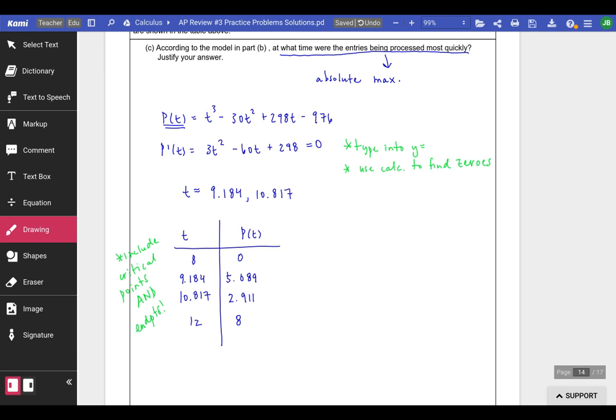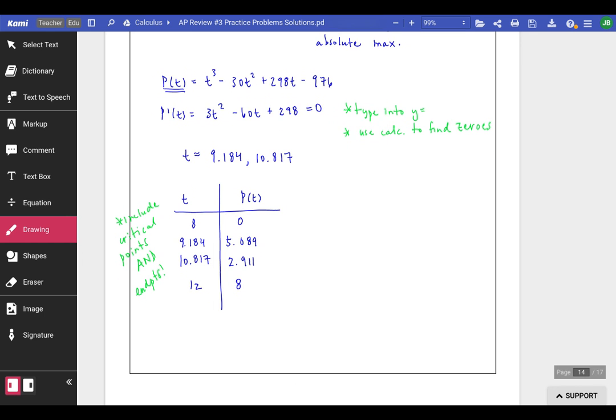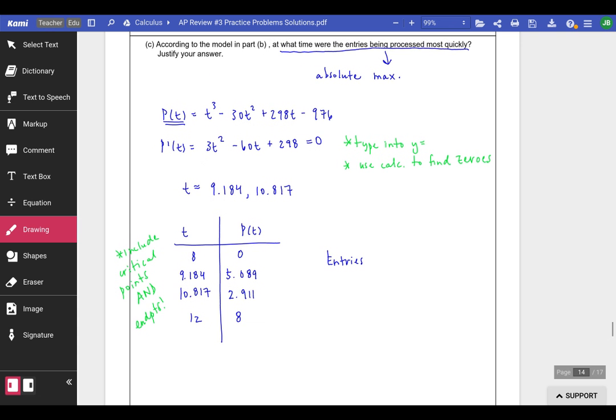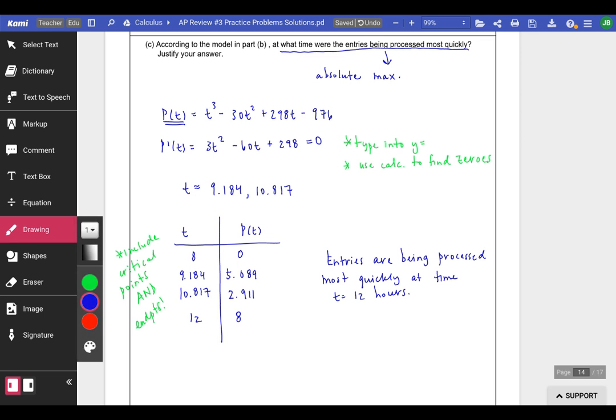I would say that entries are being processed most quickly at time t equals 12 hours. And again, our work in our table is going to be our justification.